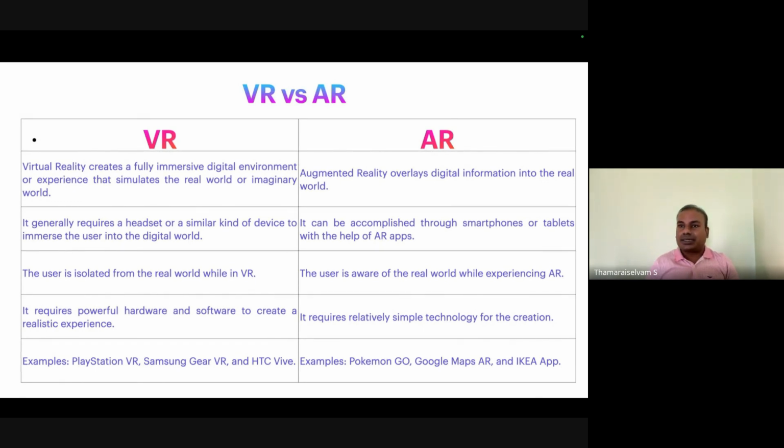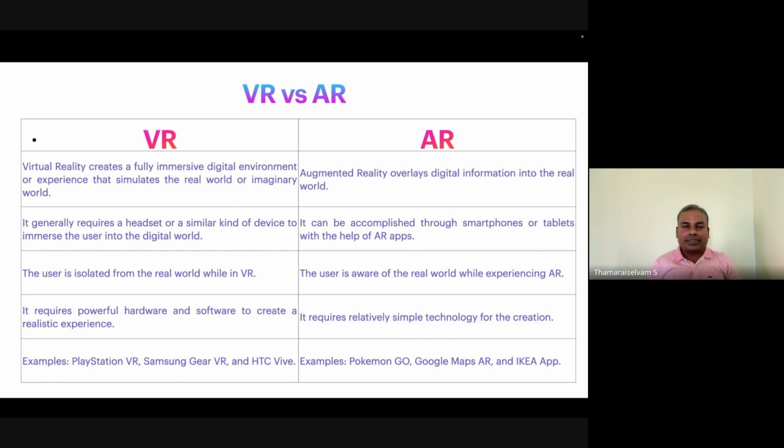They are two different terminologies, because virtual reality creates a fully immersive digital environment or experience that simulates an imaginary world to the user. Augmented reality is a mix of digital information into the real world.